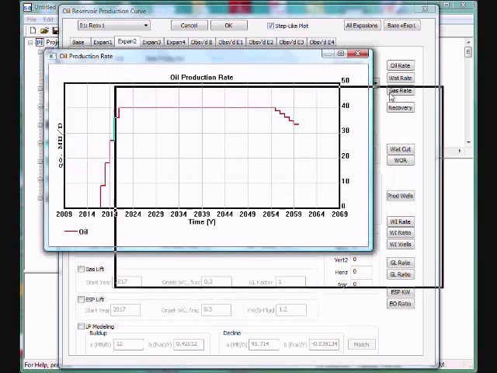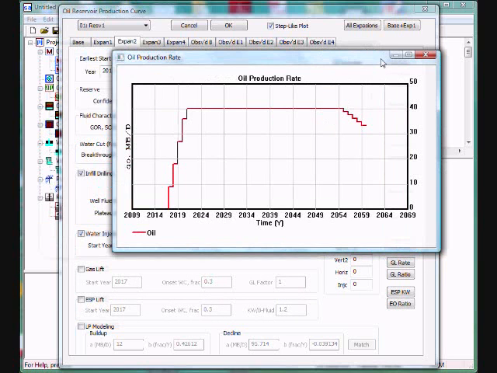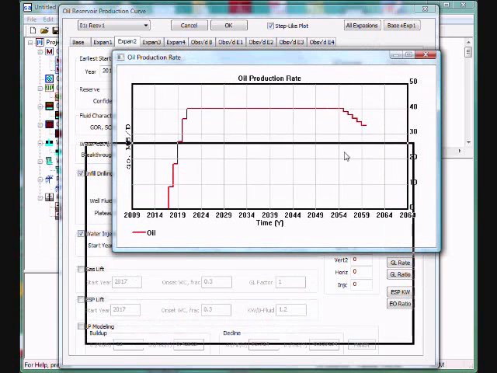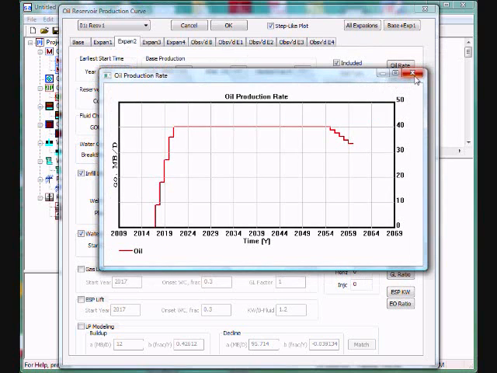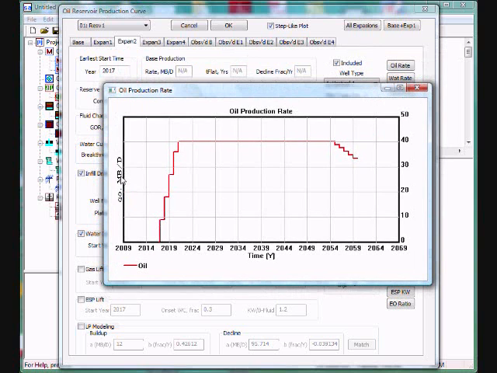We see that we have defined for this expansion number 2 in infill drilling a plateau of 40 million barrels per day.